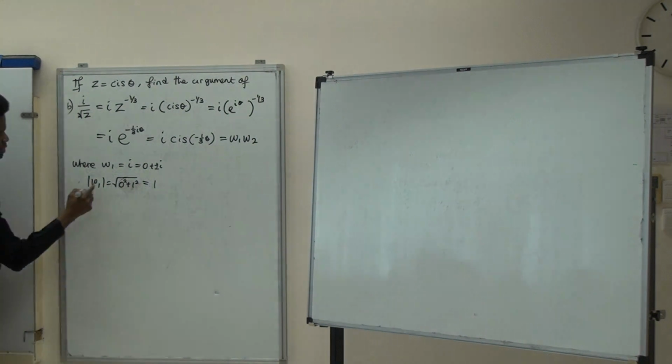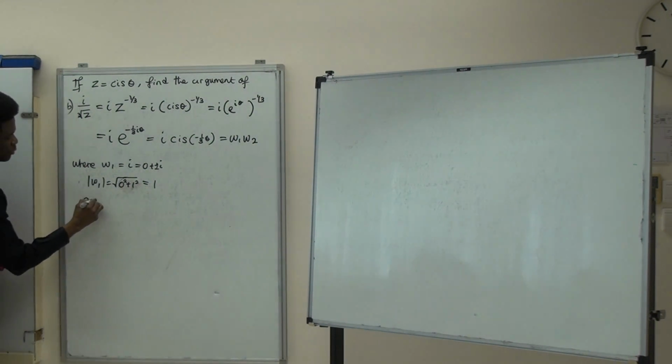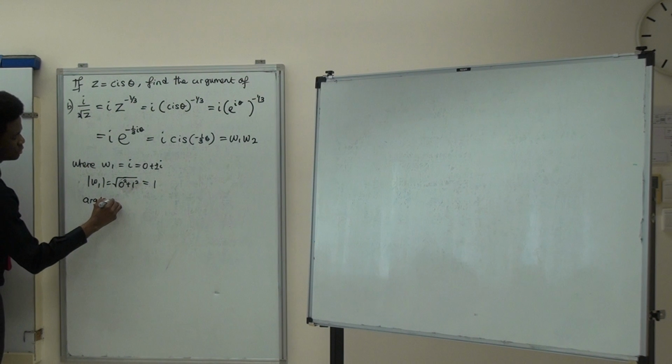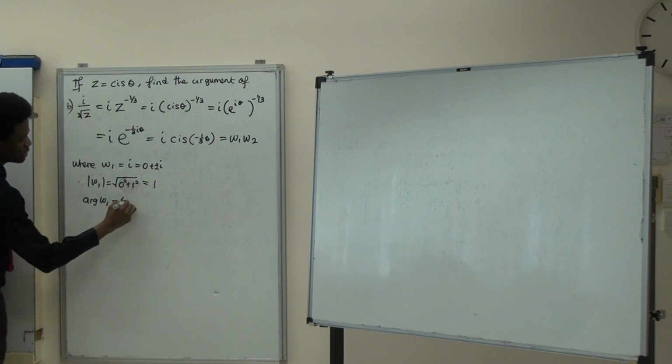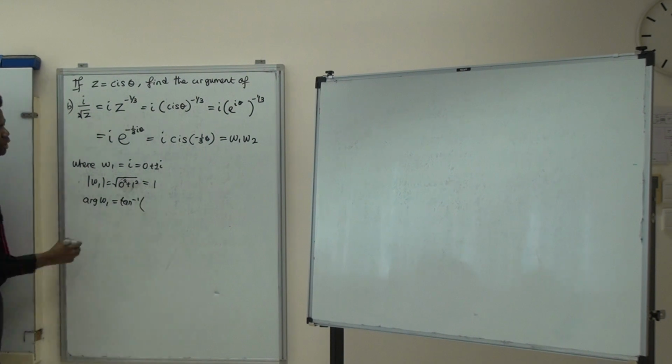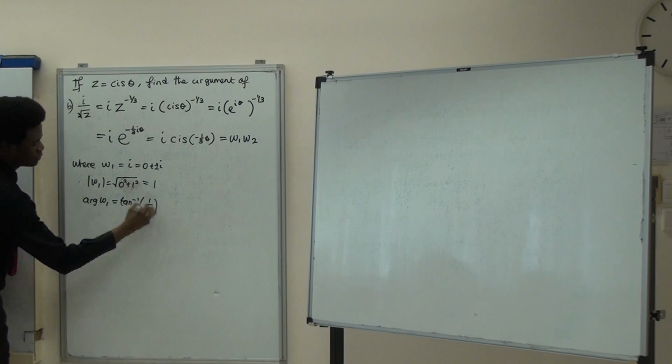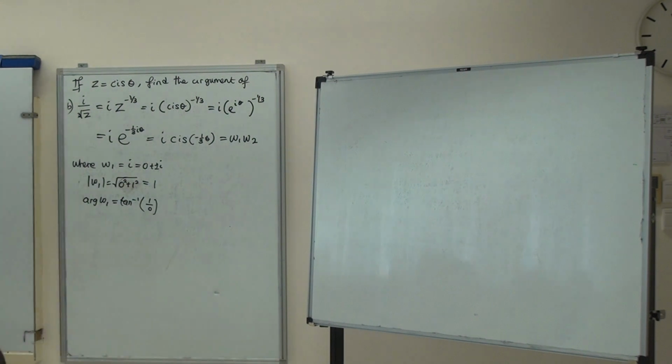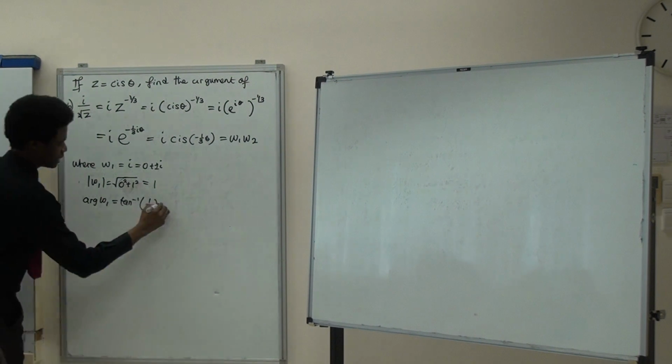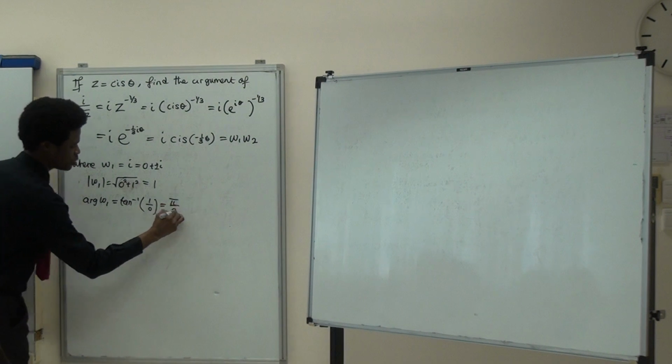For the argument of W1, that would be the arctan of b over a. That's 1 over 0, which does not exist, right? So what angle would that be? 0? No. 90. Tan 90 does not exist, so that must be pi over 2.